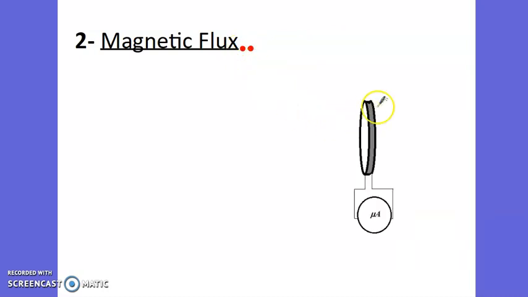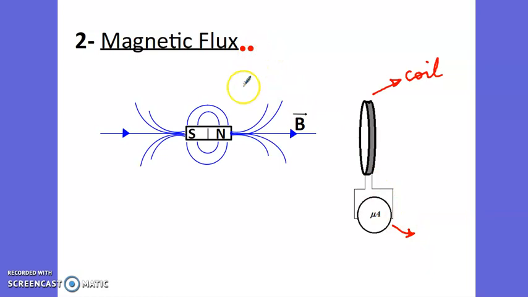Magnetic flux. Here is our coil, and here is our microammeter or galvanometer. Here we have the magnet. And you know that the magnetic field is usually represented by the magnetic field lines or magnetic spectrum.